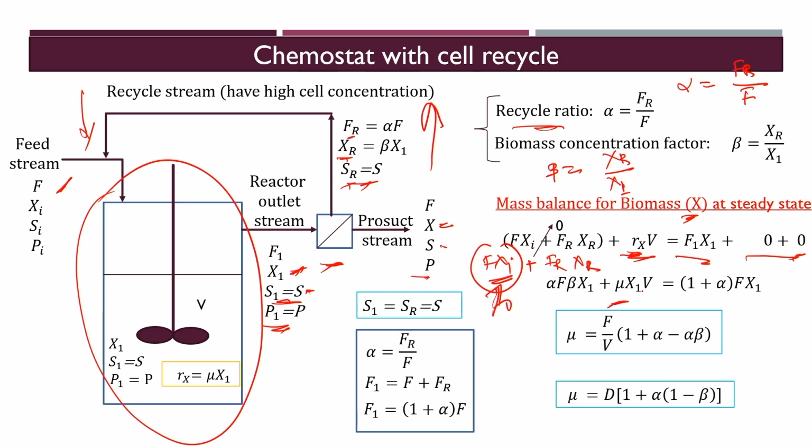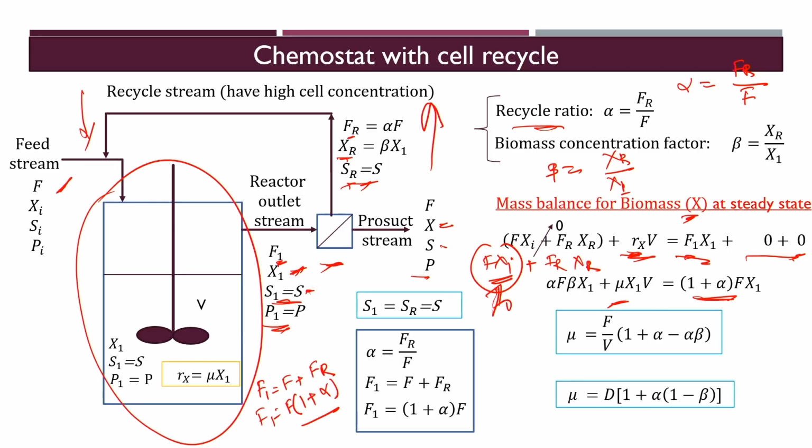What is F1? F1 is F plus Fr, and alpha is the ratio of Fr upon F. So, F1 can be written as F times the bracket 1 plus alpha, since Fr is equal to alpha into F. So, this becomes 1 plus alpha into F, equals F1 into X1.